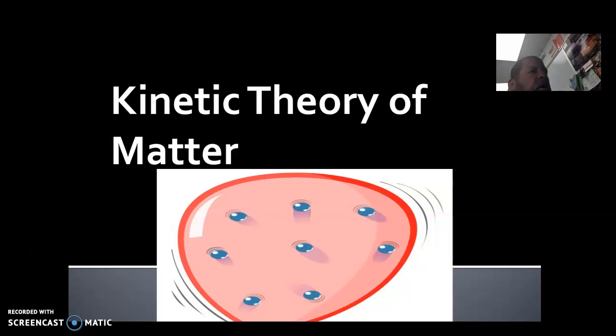Okay, guys, our next unit is we're going to cover the kinetic theory of matter and gas laws, and that's what this recording is sort of designed to be an introductory for.